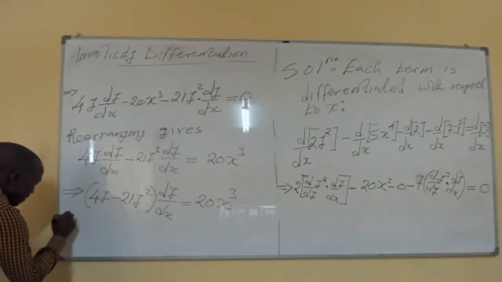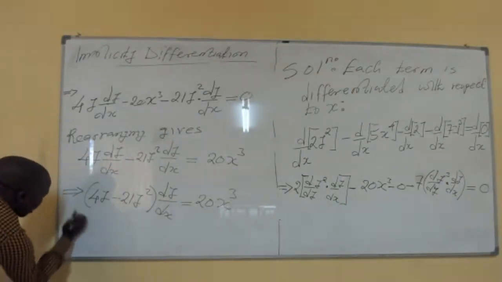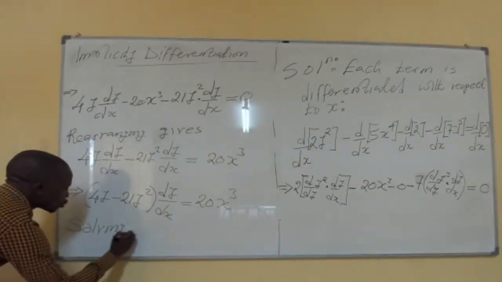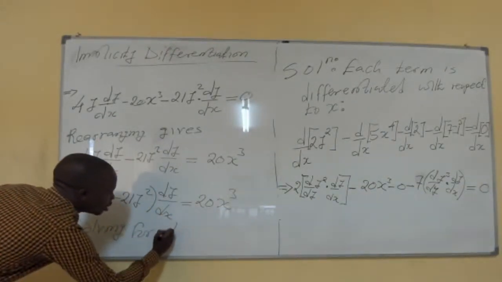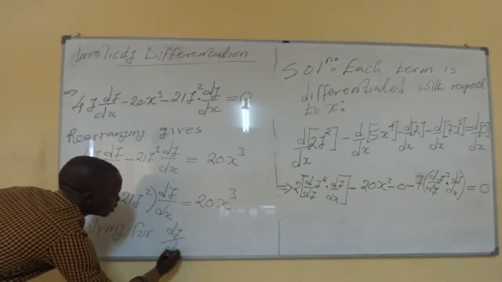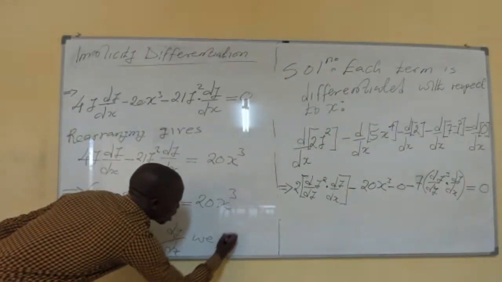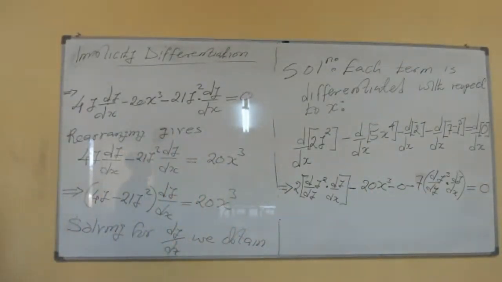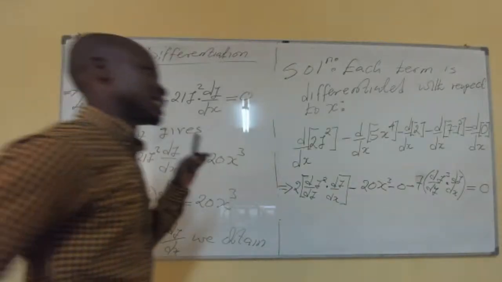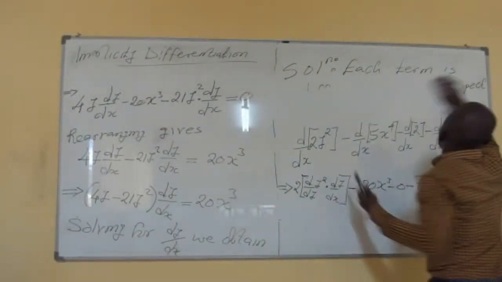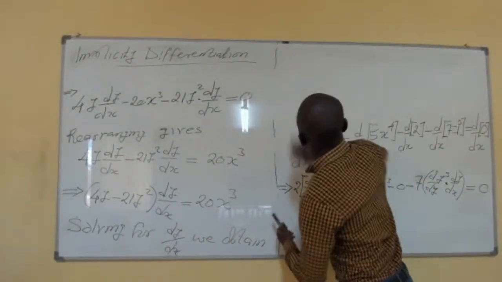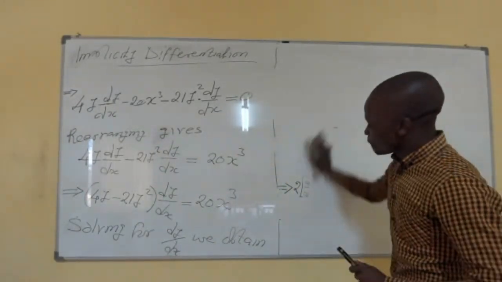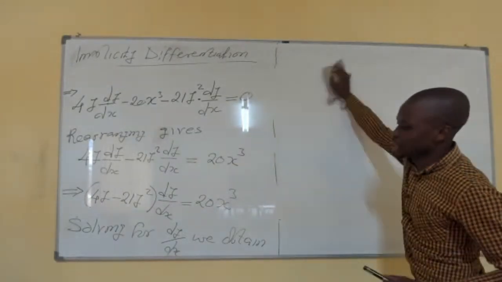So now, solving, if we solve for dy/dx, we are going to obtain, if we make dy/dx the subject of the formula, that means we are going to divide both sides of that equation by 4y minus 21y squared.